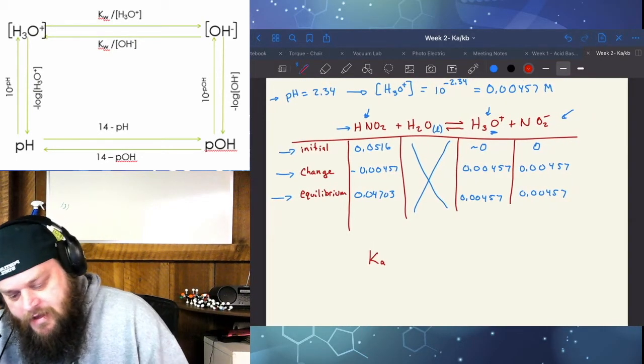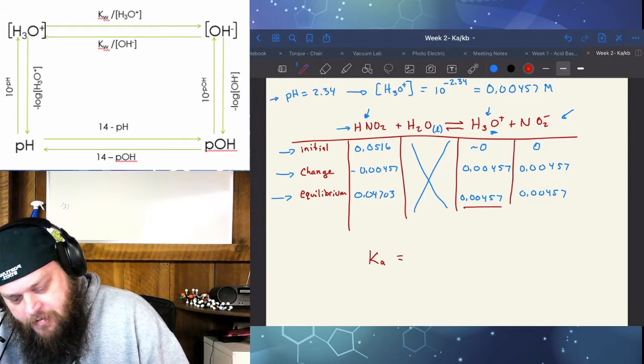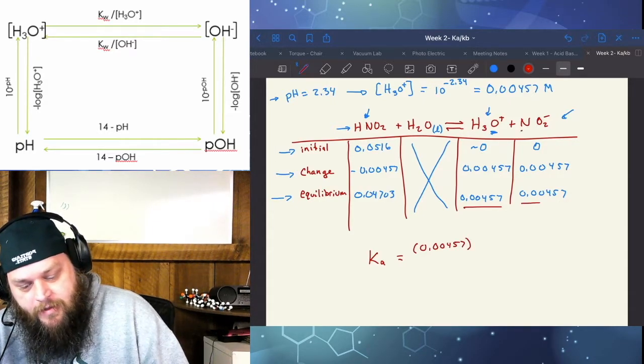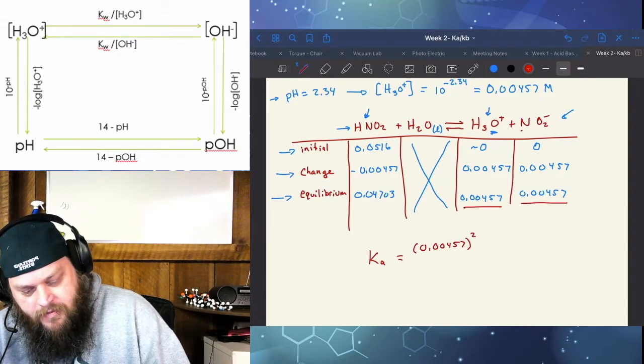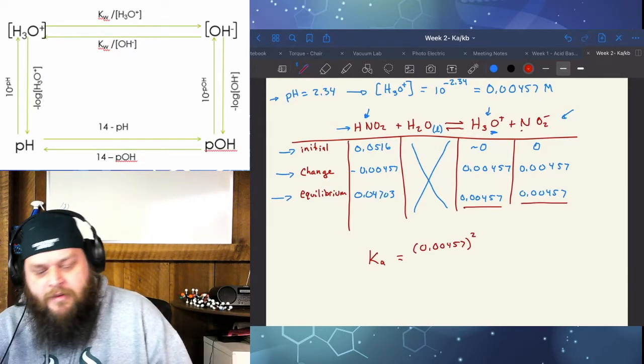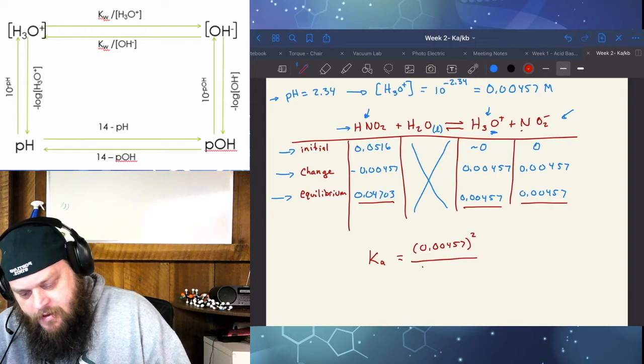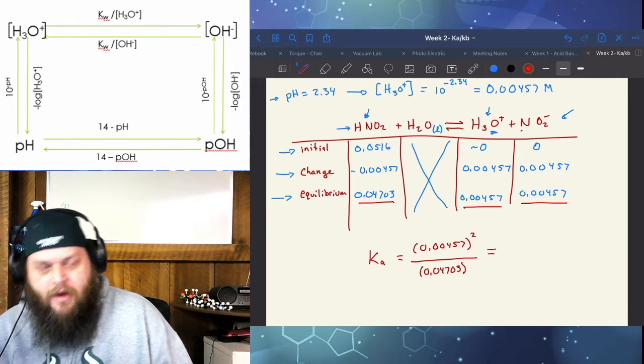So looking at these, the products here is going to be the concentration of hydronium, 0.00457, times the concentration of the conjugate base. Since that's the same, I'm just going to throw a squared up there. And we're going to divide by the concentration of the acid. So dividing by 0.04703, we should be able to find our Ka value.